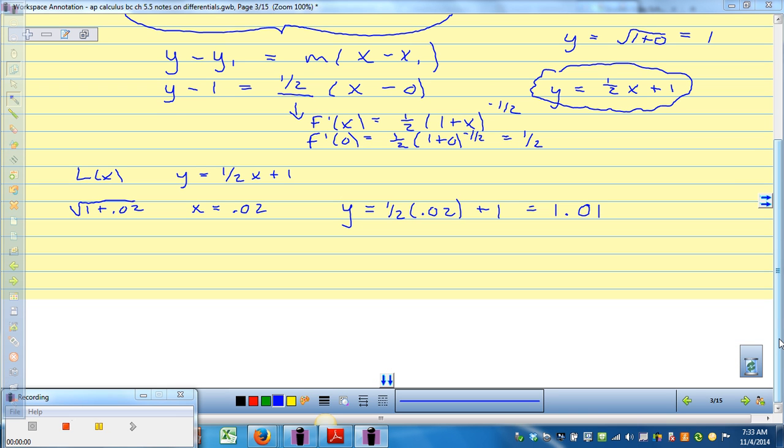On all of these, we're going to be finding the error between the approximation and the actual. So if we're looking for error, we're going to do the absolute value of the original square root of 1.02 minus 1.01. Find that difference, please, and tell me what we get.